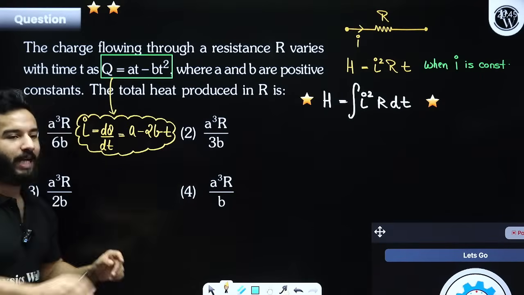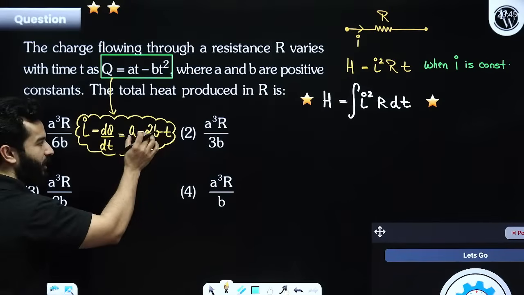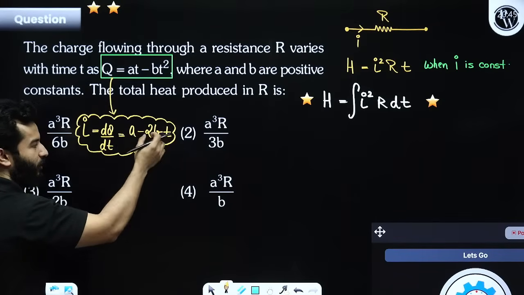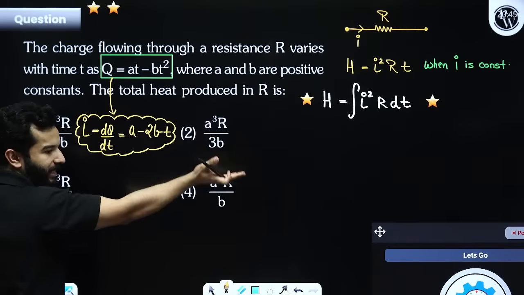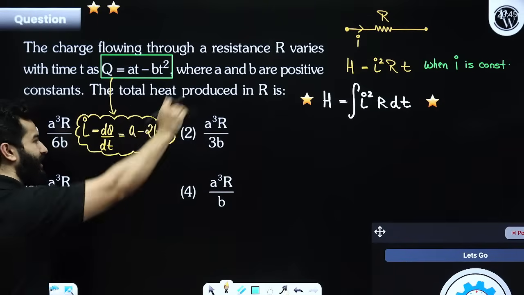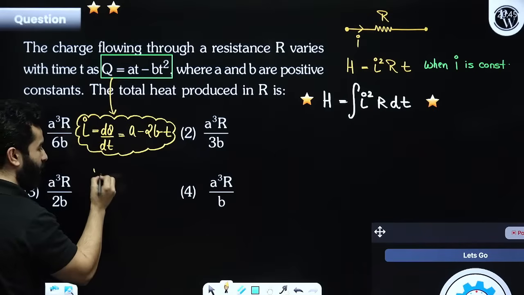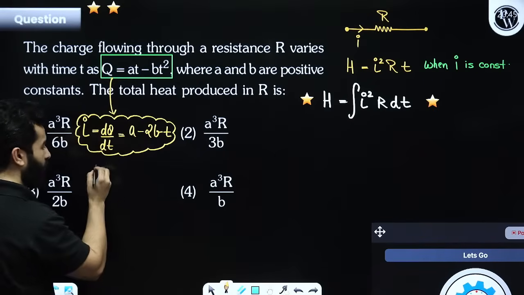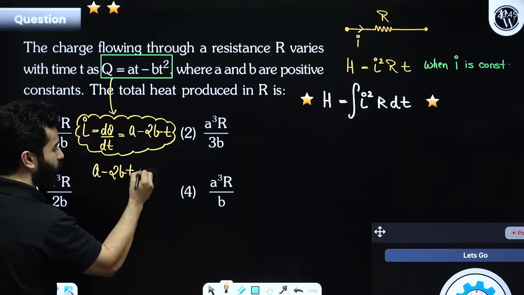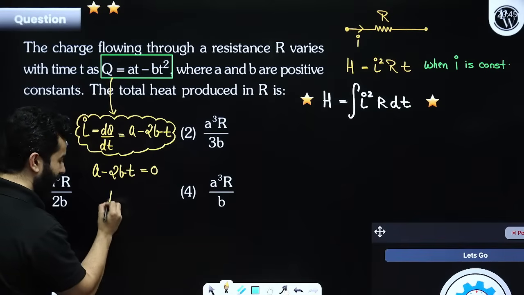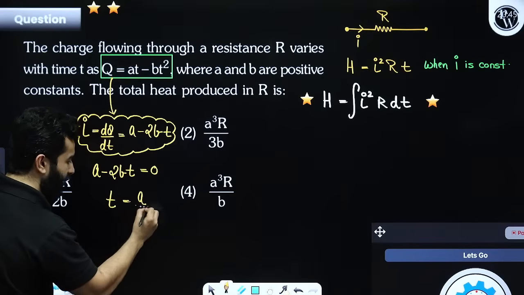Let's find out that time when current will become 0. Because this is A minus something, and this something is increasing with time, that means the current is decreasing. So current will be 0 at A minus 2bt equals 0. So that time will be A divided by 2b.